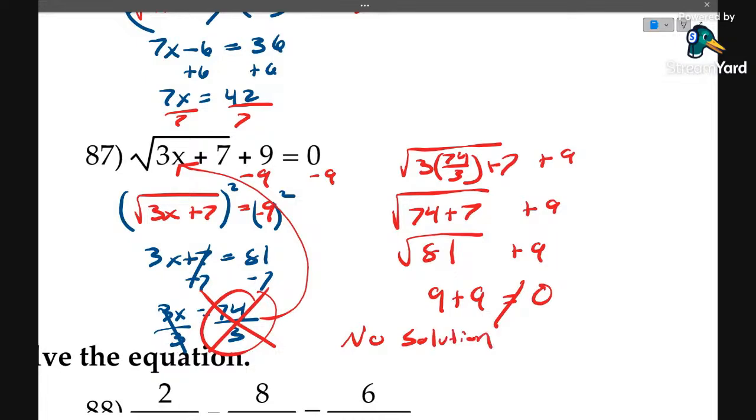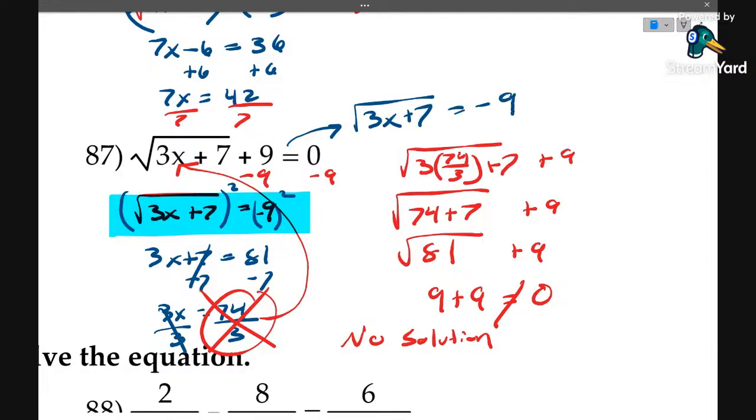Now there's a shortcut here, and it's right at the beginning. If we notice, when we move and isolate the radical symbol, we have a square root set equal to a negative number. There is no real number that I can take the square root of that'll give me a negative value.